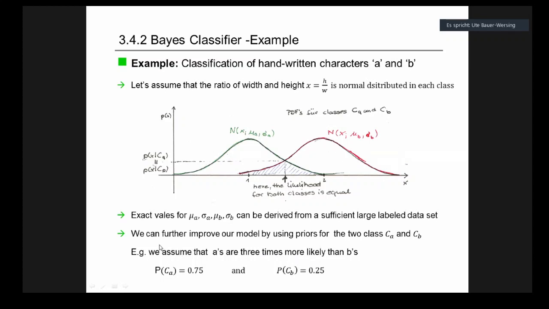So what we are assuming is that A's are 3 times more likely than B's. This means that the prior for class C_A is given as 0.75 and the prior for class B is given as 0.25, 3/4 and 1/4. So this is what we are working with.